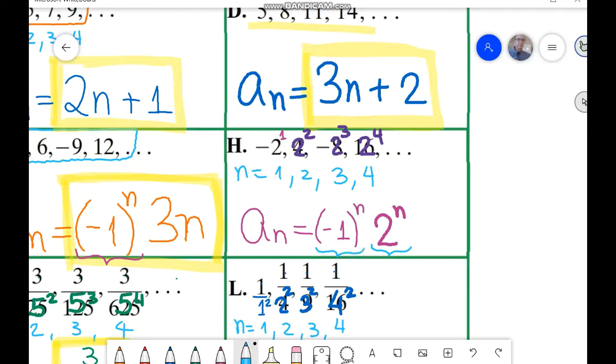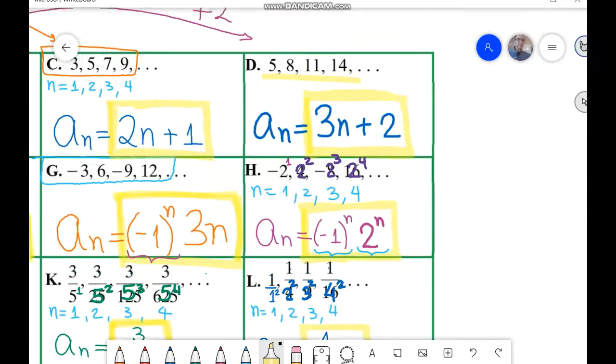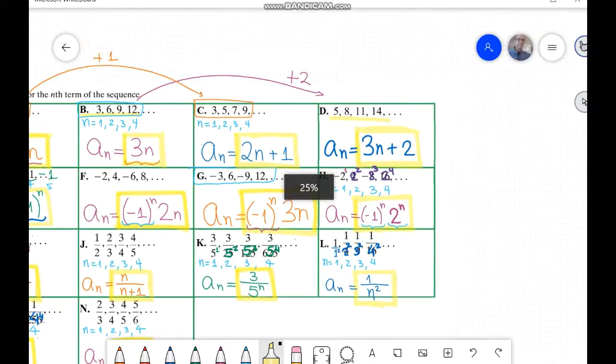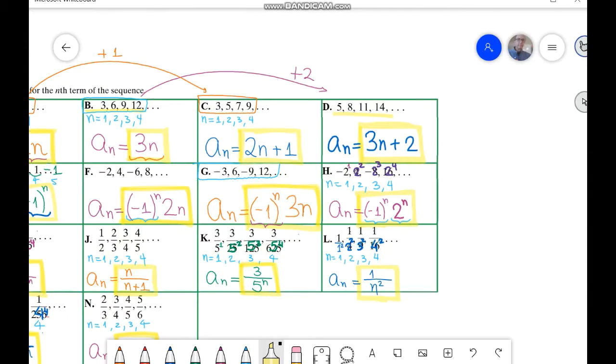To add the sign, it is (-1) exponent n times 2 exponent n. This is the complete answer. Thank you, Brian. And now we have the whole thing. I think we have all the answers.